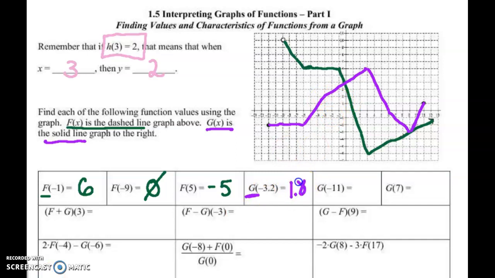I'll say about 1.8. Just round it. By the way, if you ever see squiggly bacon symbols, I had a student once call them bacon symbols. That's where I get that name from. That means approximately. Then moving on to g, when x is -11, I believe that's -10, -11. This one is a defined point at -2. The y value is -2.